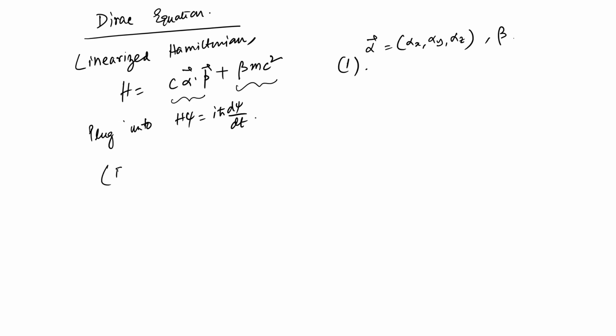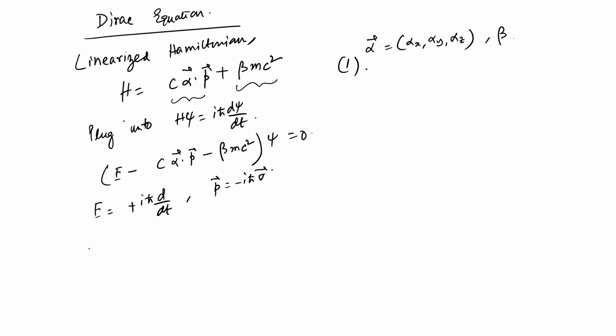So, one obtains (E minus c alpha dot P minus beta m c square) psi equal to 0, and we can use E equal to i h cross del del t, and P equal to minus i h cross del.